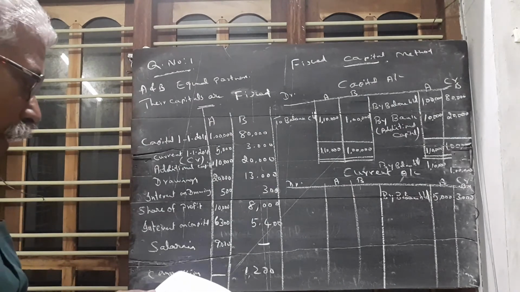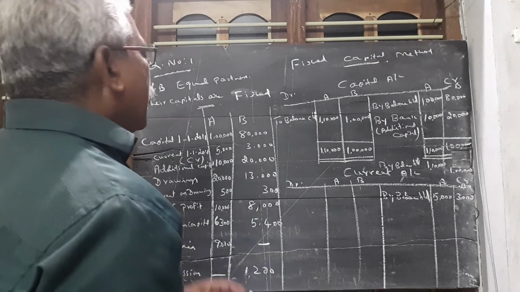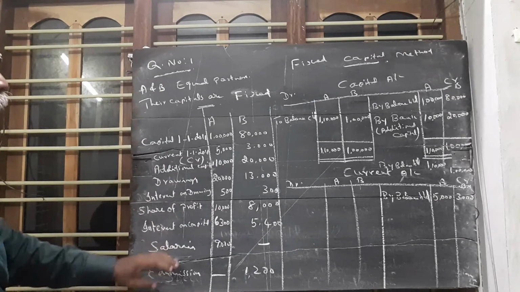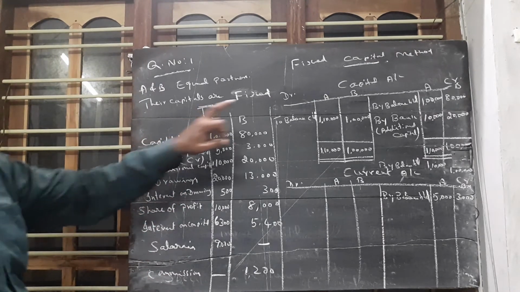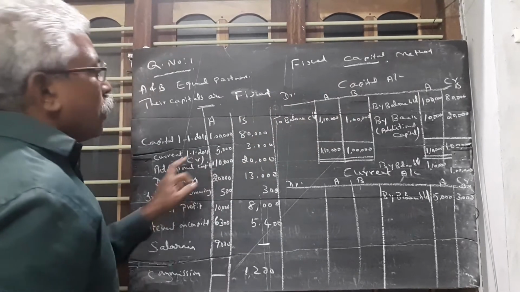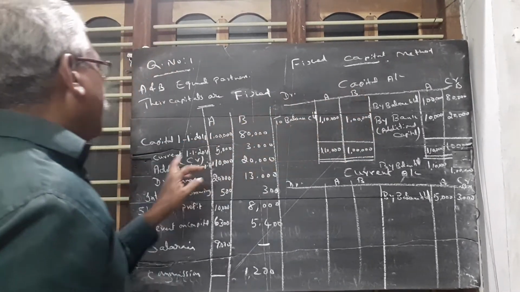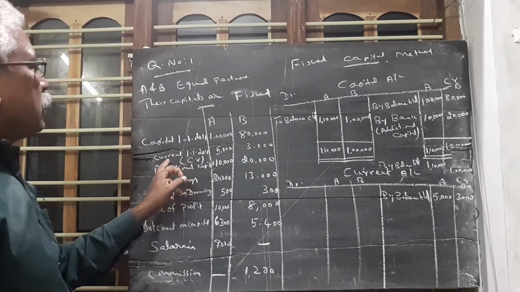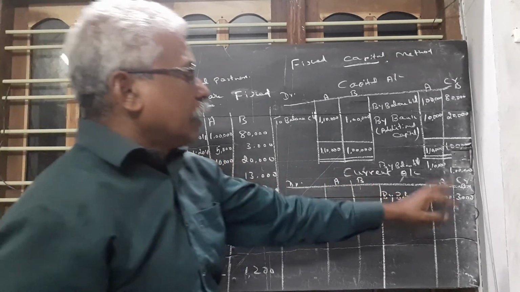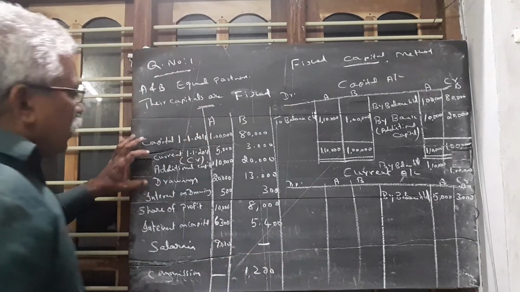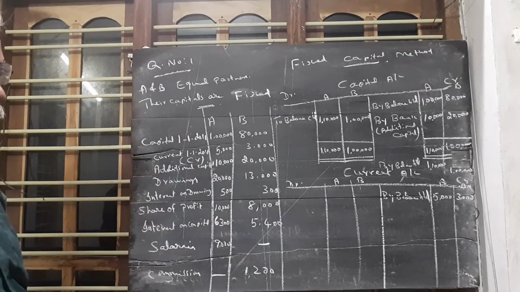Then we write the current account. In the current account, all the remaining information is entered one by one. Capital account, first we write the capital amount. Then additional capital also comes in the capital account. Current account, first we write the opening balance, 5,000 and 3,000. Then write the remaining items one by one.